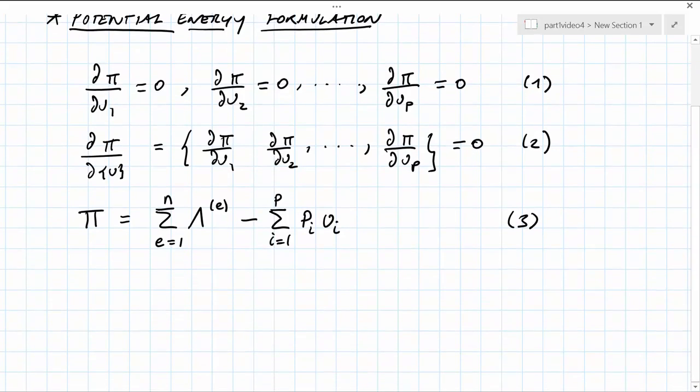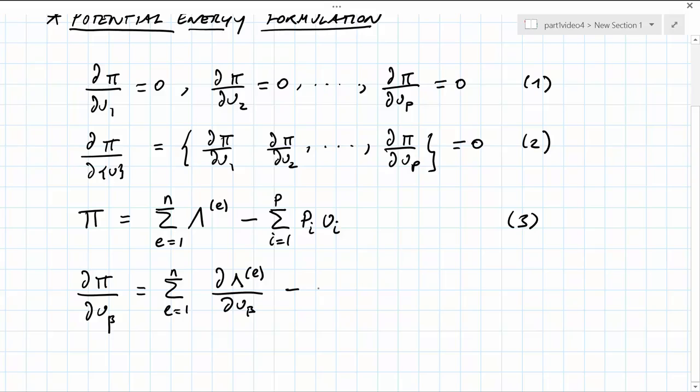The derivative with respect to an arbitrary unknown displacement u beta is given by the following expression. d pi du beta is equal to the summation over the elements, differentiating our elastic strain energy with respect to the displacement u beta, and then we subtract the load p beta.